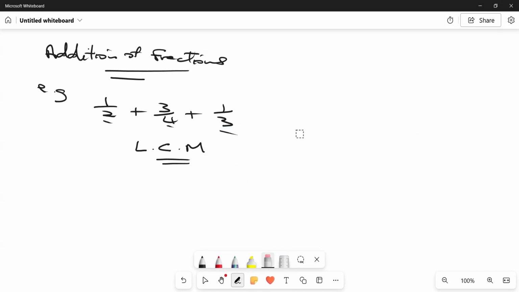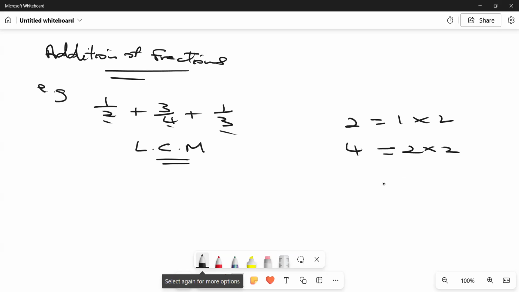So let's say you want to find the LCM of 2, 4, and 3. The method has to do with writing the number as a product of its prime factors, right? So 2 is equal to 1 by 2, right? 4 is equal to 2 by 2. And 3, well, it's 1 by 3, right?